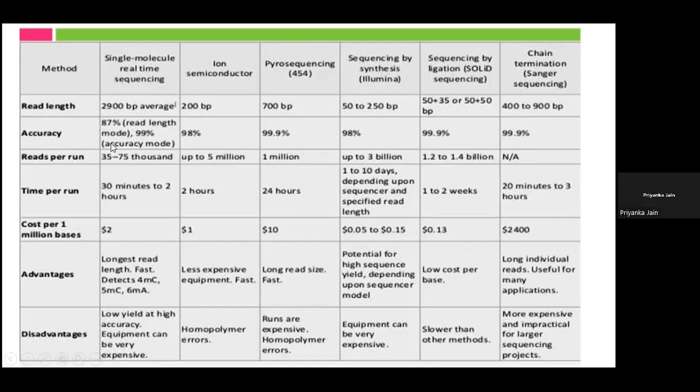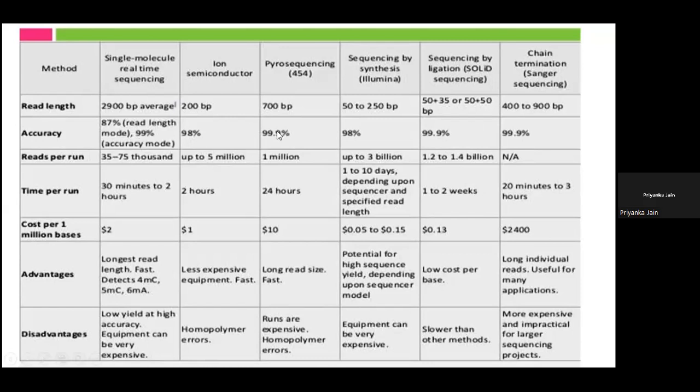So if we compare the accuracy of all these, you would see that for the long read sequencing SMRT, which is giving a very long read, the accuracy is not very high. Sometimes it can go to 87%, but in accuracy mode it also gives 99%. The ion semiconductor gives 98%.